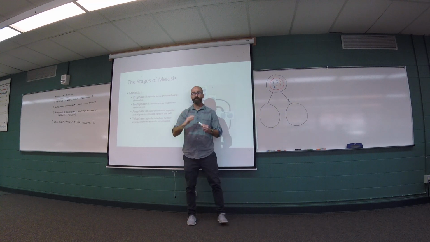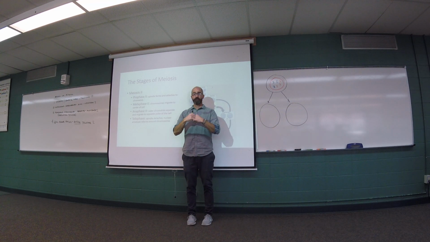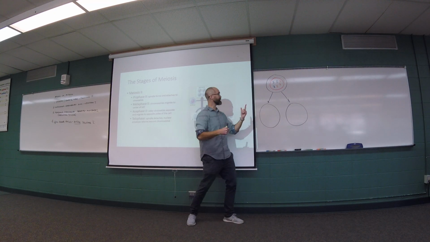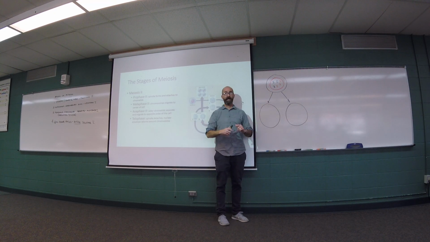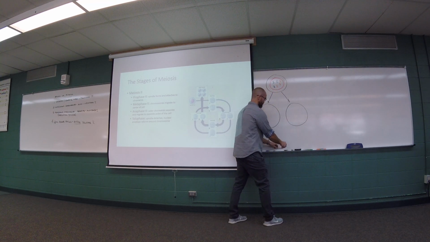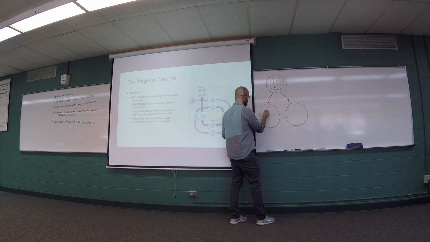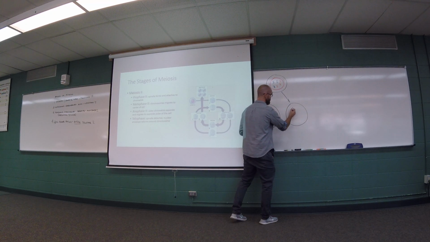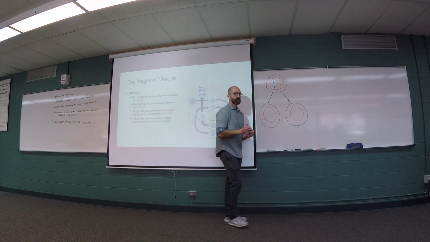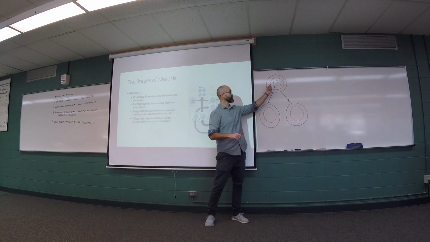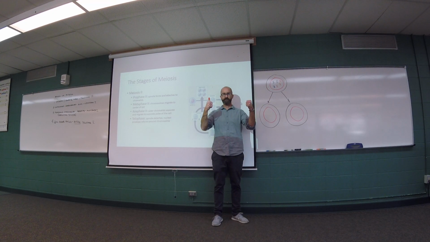Now we know that before mitosis can occur, the G1, the S, and the G2 phases have to occur, right? And it's in the S phase that all of our DNA is synthesized and duplicated, right? That's how we get chromosomes that look like an X. So if we want to put 6 chromosomes in each one of these cells, we're going to take those chromosomes and separate them, right?